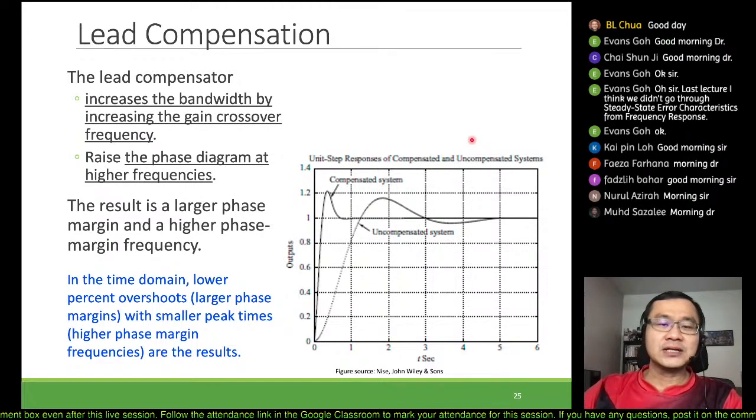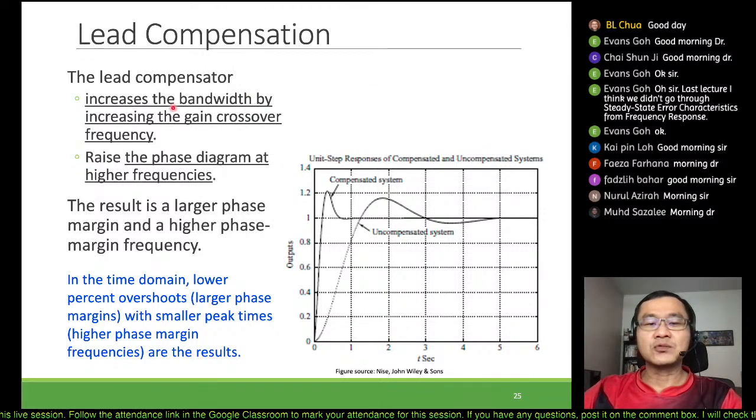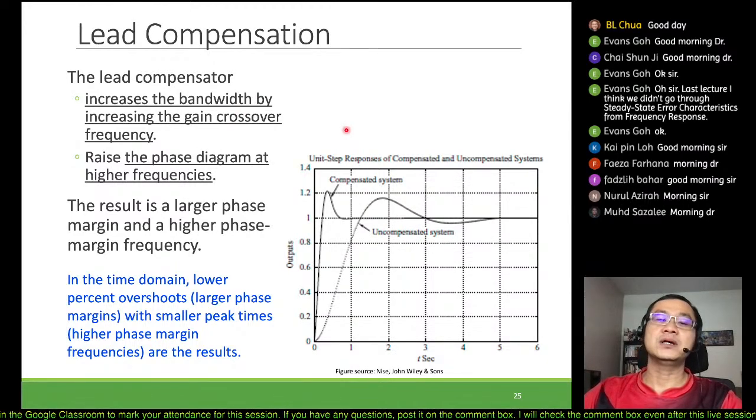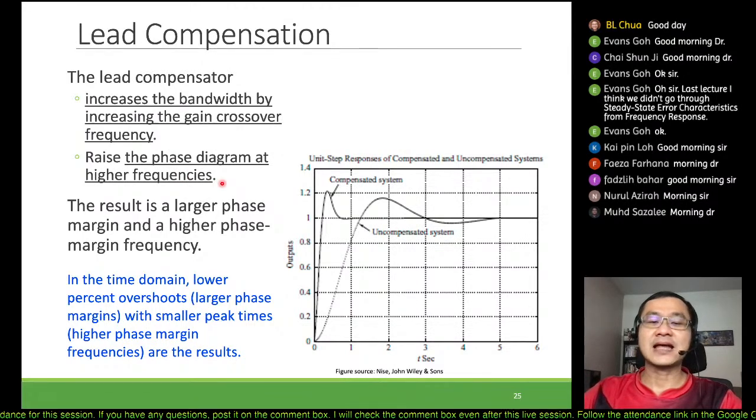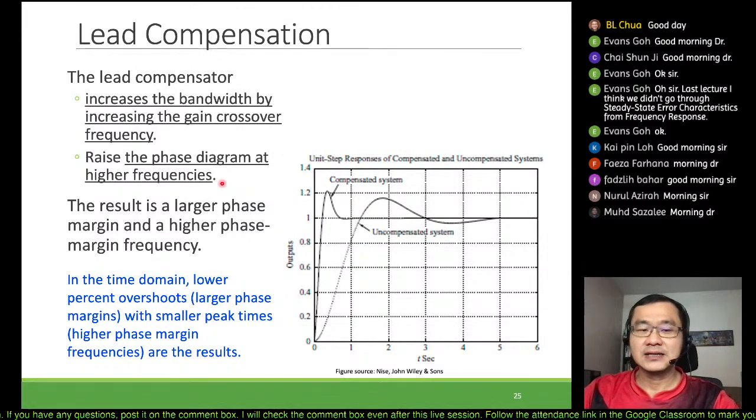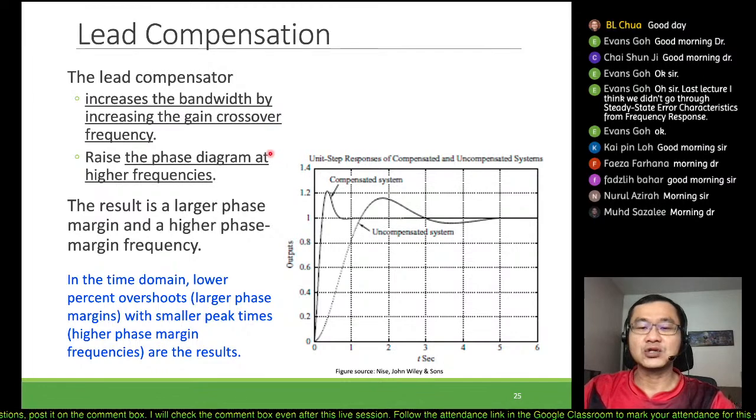The lead compensator will increase the bandwidth by increasing the gain crossover, and also raise the phase diagram at the higher frequency. These are the two things that you would see later on.